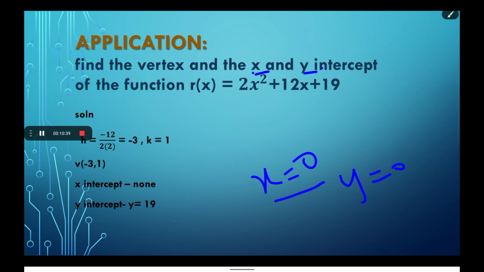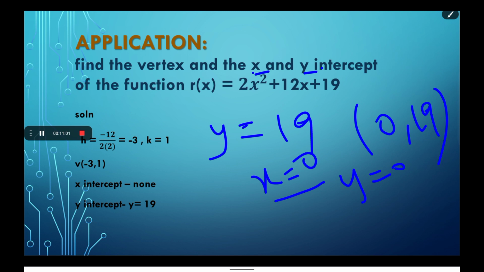If x equals 0, we can identify the y-intercept. When x equals 0, the function r of x, which equals y, gives y equal to 19. So the graph intercepts the y-axis at the point 0 comma 19.